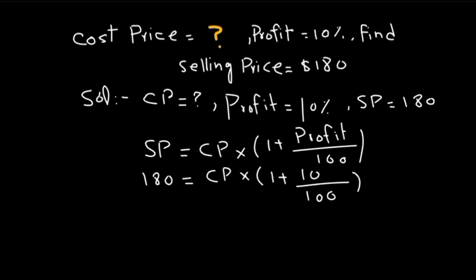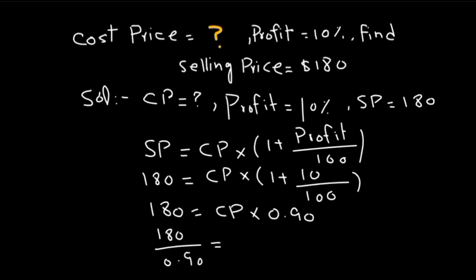So we have 180 is equal to cost price multiplied by 1.10, because when we divide 10 by 100 we get 0.10. Now 1.10 will go to the bottom of the 180. 180 over 1.10 is equal to cost price.